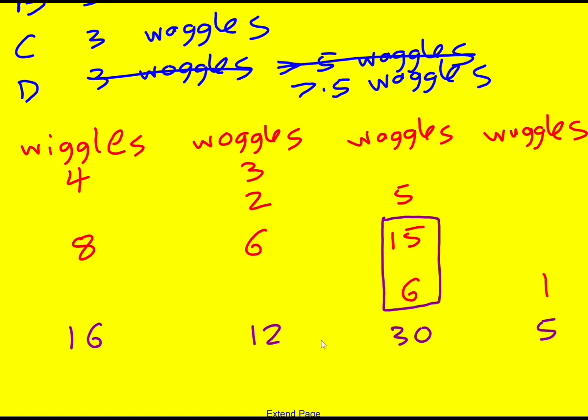So there we go, there's a direct relationship between all of the currencies. It actually tells us that the waggle is the smallest currency because we need 30 of them to equal, say, 16 wiggles, for example, and woggles are going to be the biggest currency because we need 5 of them to each equal these other amounts.